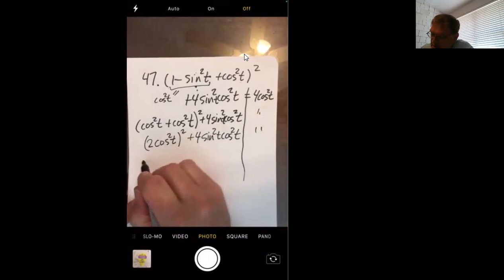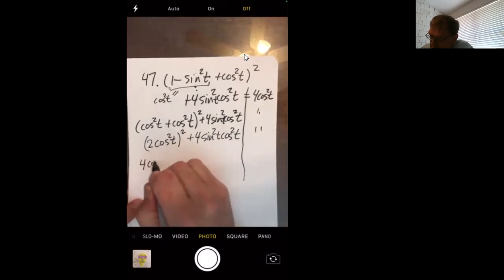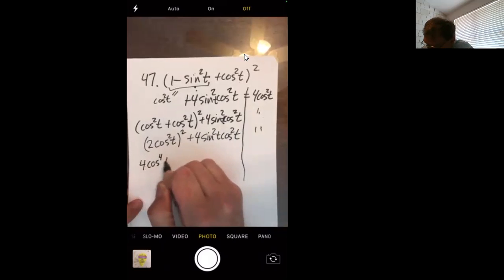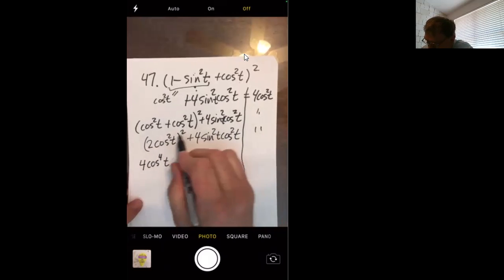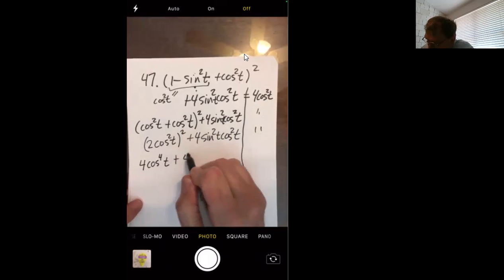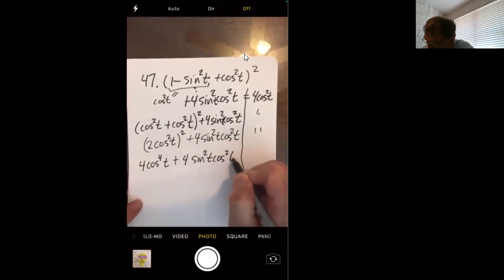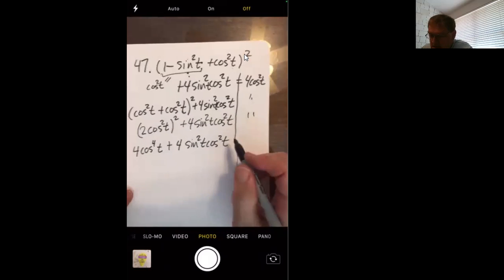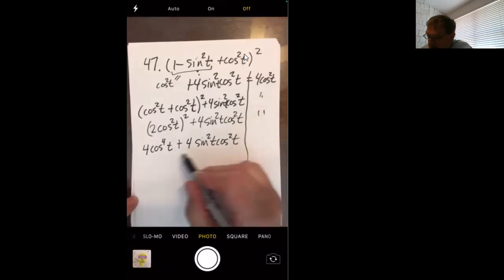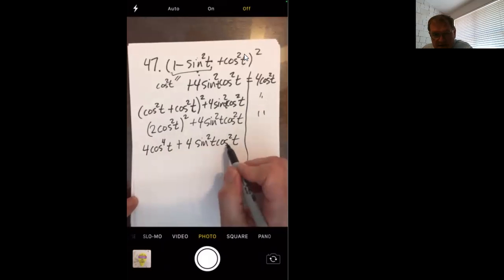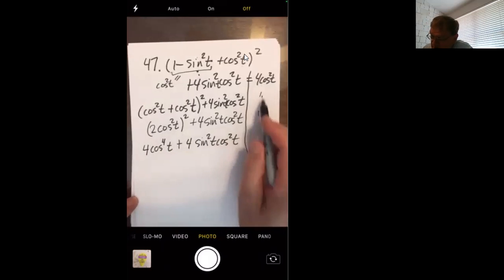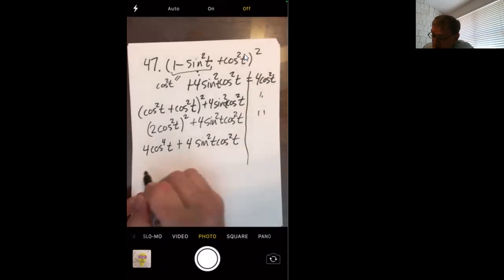When I square this, I get a 4 cosine to the 4th of t, add 4 sine squared t cosine squared t. Well, the common factor is a 4 and a cosine squared, and notice that that is what I have over here.